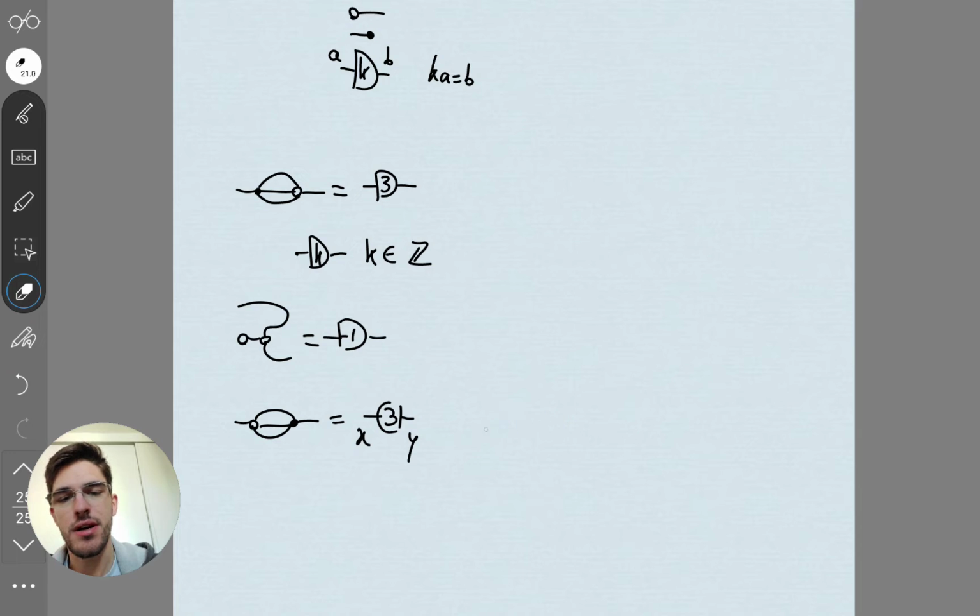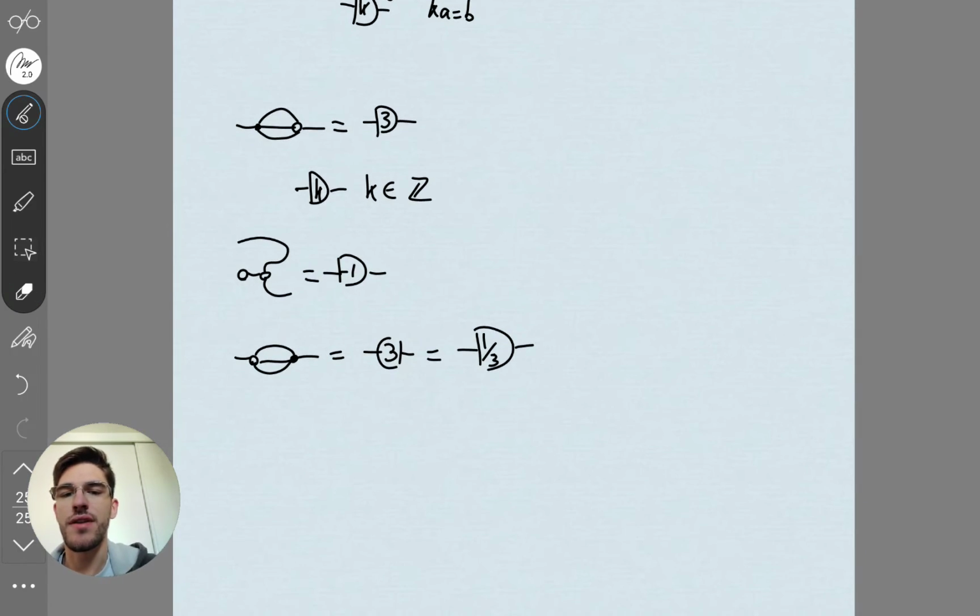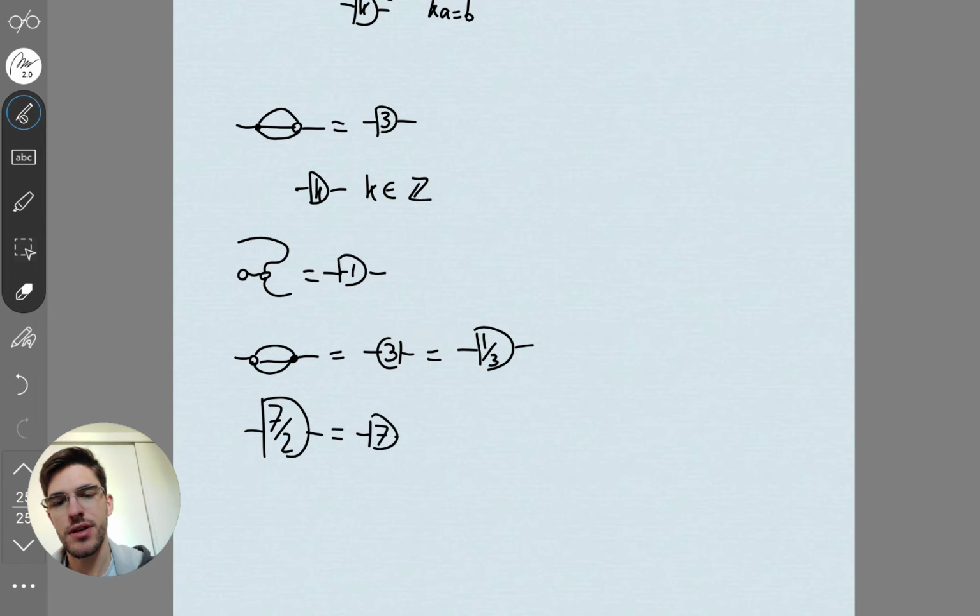So that's the same as 1/3 this way, right? So now if I have any rational number, so say 7/2, I can write it as 7 this direction and 2 the other direction.